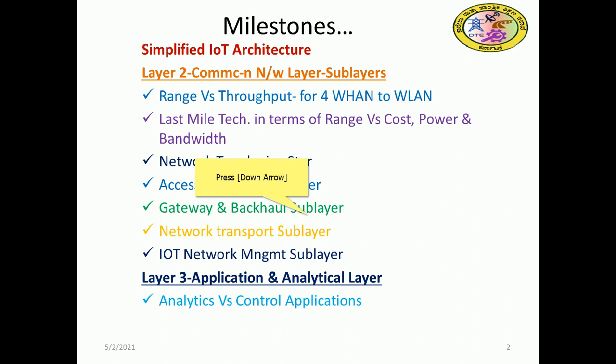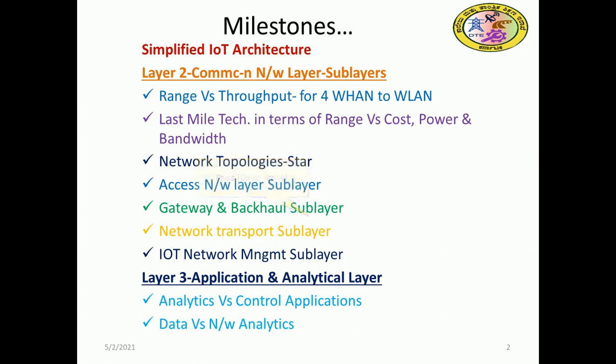Analytics is most important there: analytics and control applications, and data versus network analytics. Network analytics versus data analytics is also an important thing here. We need to analyze the networks along with the data.